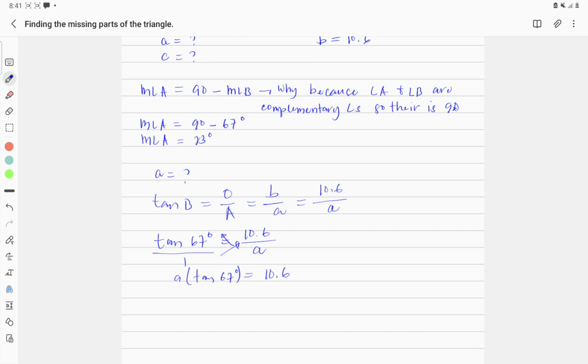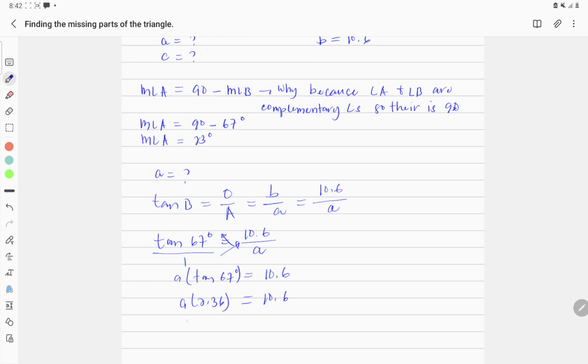Using your scientific calculator, tangent 67 is equal to 2.36. So A times 2.36 is equal to 10.6.